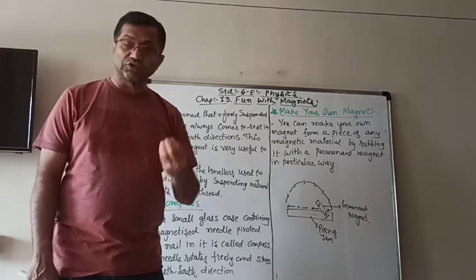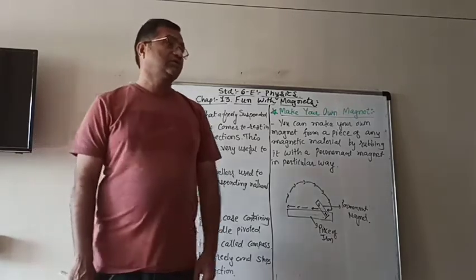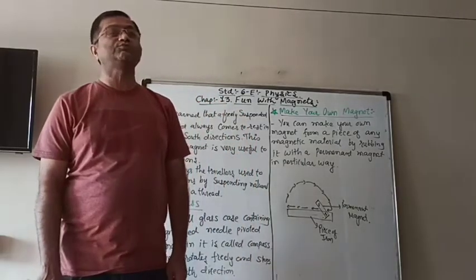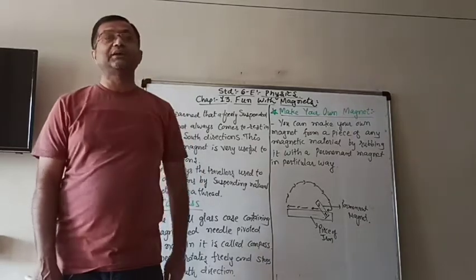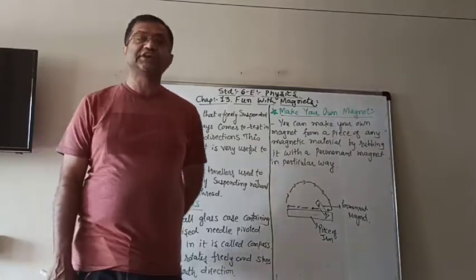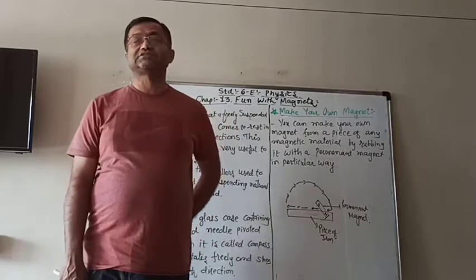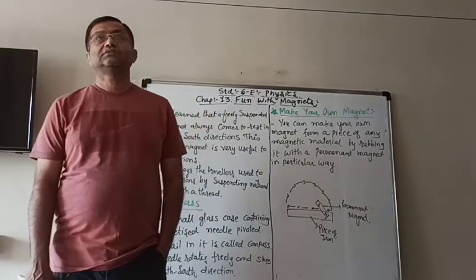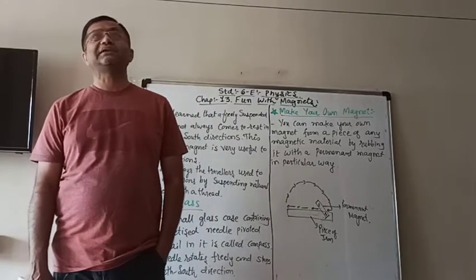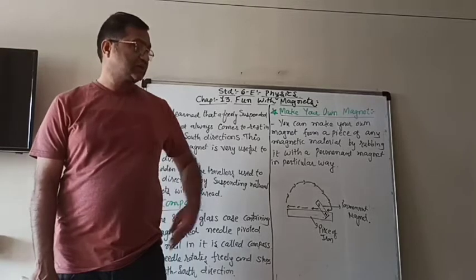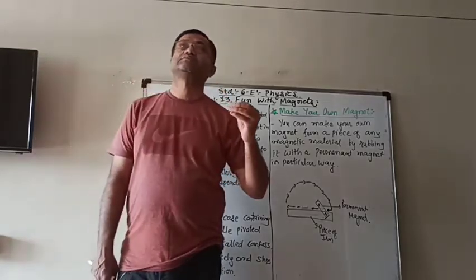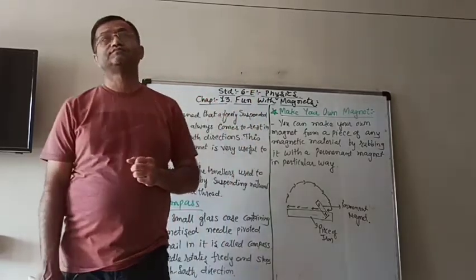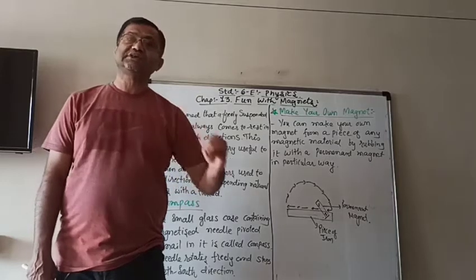We also know how to decide which end is the north pole and which is the south pole. We suspended a bar magnet with the help of a thread and let it come to rest. It is a characteristic of the magnet that it will always come to rest in a certain direction, the north-south direction.